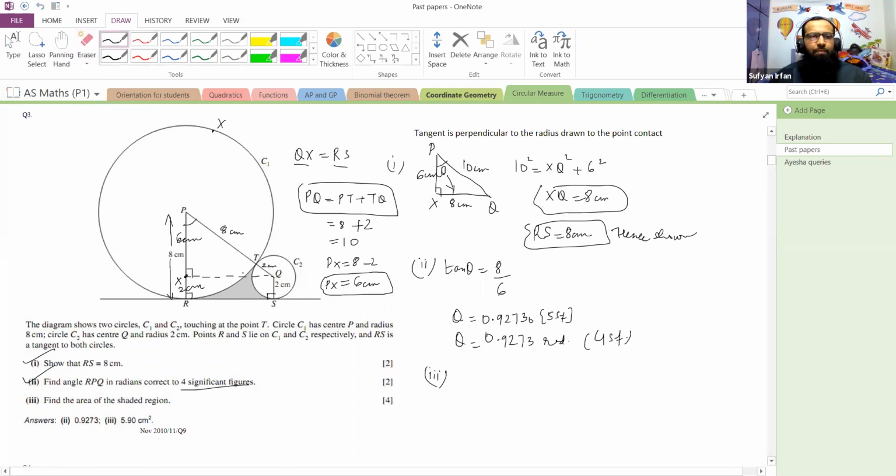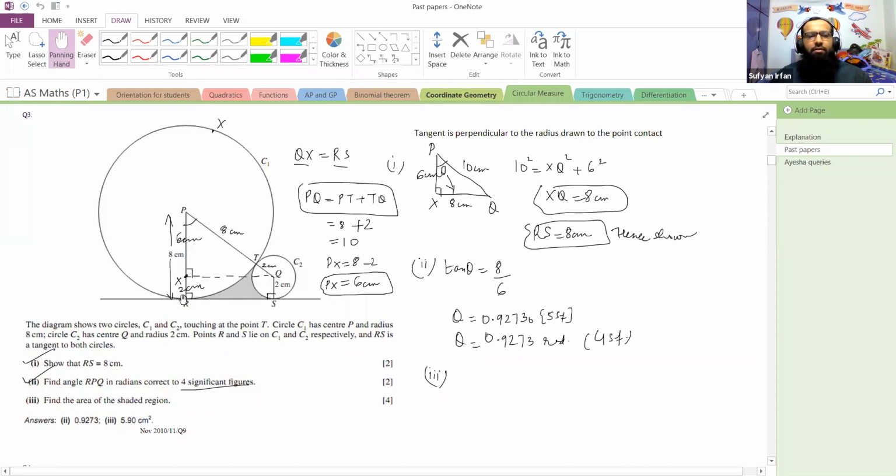We have to find the area of 2 sectors, and we have to find the area of the trapezium. Or we can say the area of triangle PXQ and the rectangle XRSQ, both areas are to be added to find the area of the trapezium.